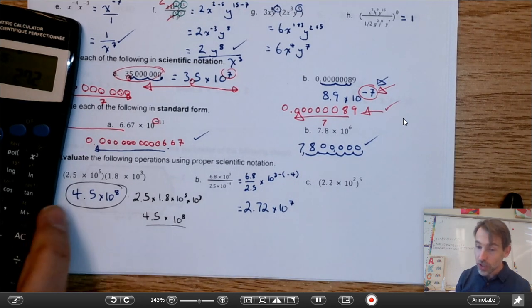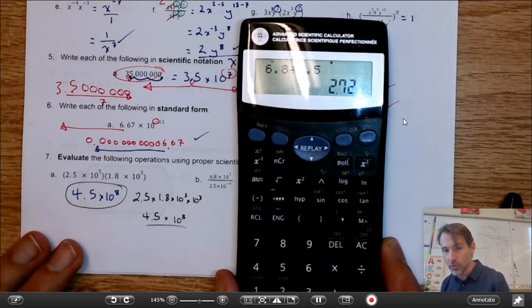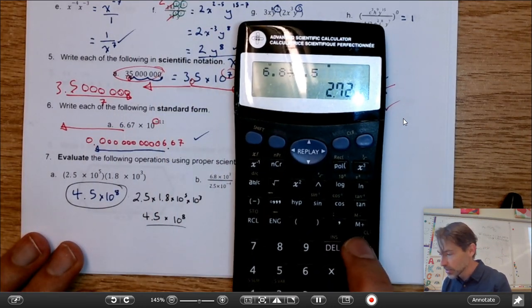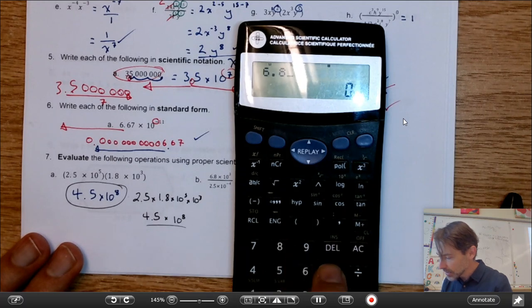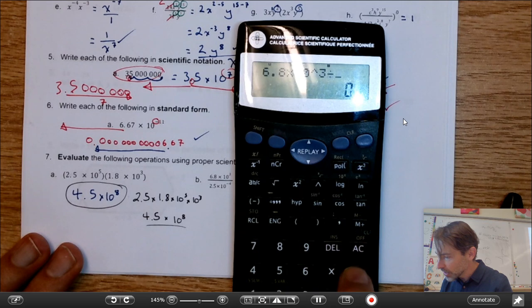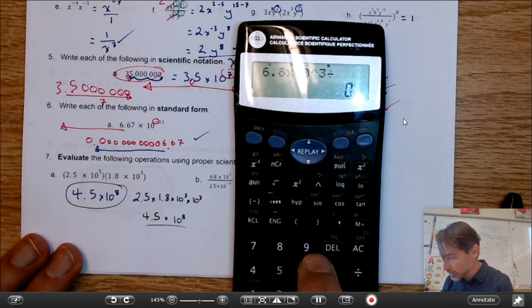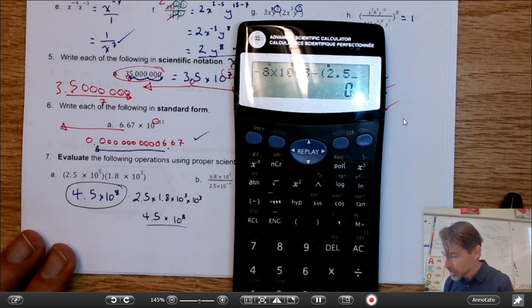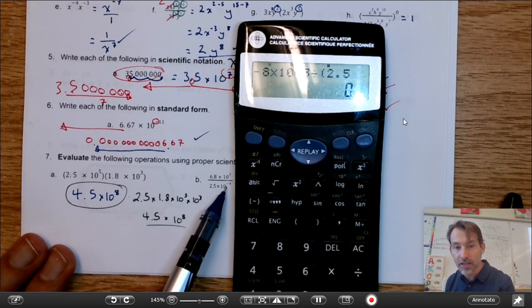And then you can check your answer. Here's something that you'll want to do to check your answer in this case. 6.8 times 10 to the 3 divided by, put everything in your denominator in brackets on your calculator. Use the brackets there. 2.5. You don't want to end up multiplying by this 10 to the negative 4.